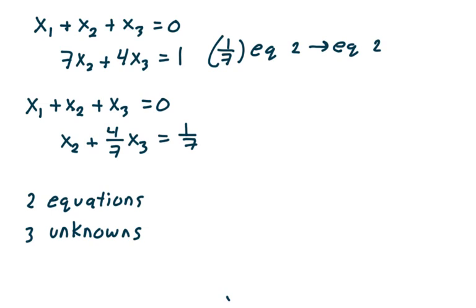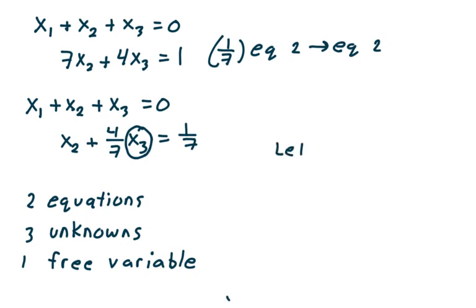And what that tells me is that I have one free variable. Now you might ask, which one's the free variable? Now, the free variable I claim is going to be x3. Okay? So here's how this works.